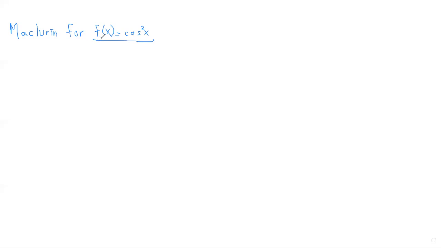It's nice to know a series representation in advance, because doing cos squared x directly is doable, but it's a little messy. So watch. For cos squared x, we're going to use the double angle identity. Cos squared x is equal to 1 plus cos of 2x over 2.